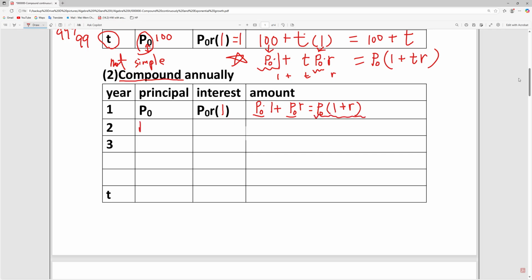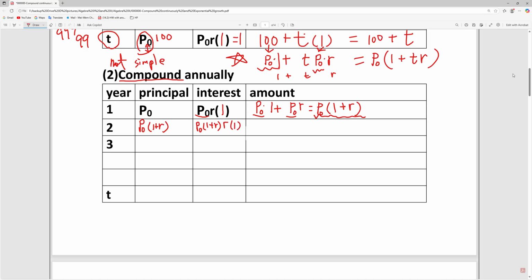So your new amount will be P0 times 1 plus R. So based on your new principal, this will become the new principal P0 (1 plus R). And then you times R for another year.